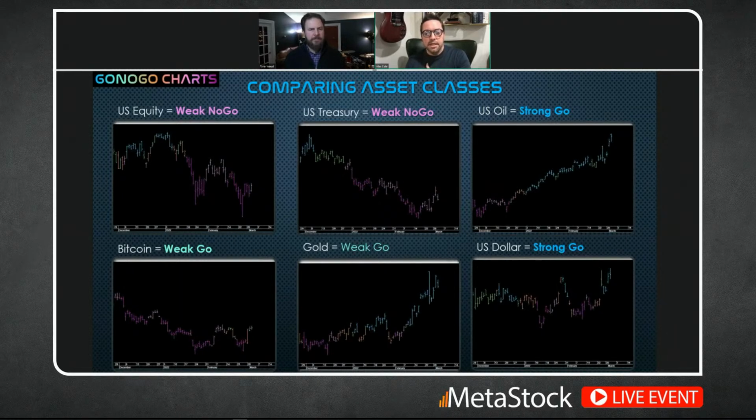Gold is in a go trend. Gold finally, perhaps, right? The flight to safety that people have been expecting. But looking at this, you're thinking, okay, well, I should have been out of equities and treasuries, but oil has been a strong go. Gold has been a strong trend, and the US dollar has come back into a go trend as well on the bottom right there.